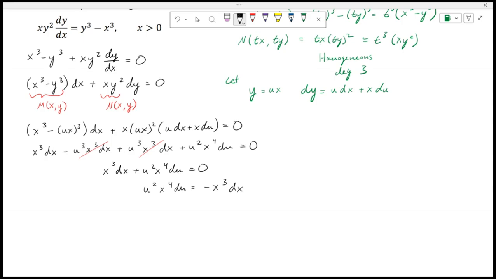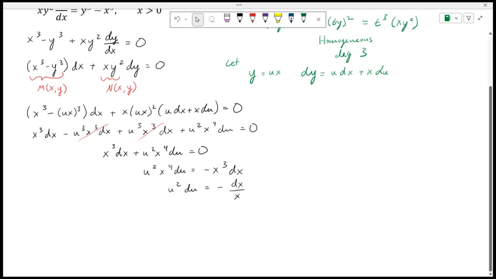So I end up with u squared du equals negative dx over x if I divide by x to the fourth. And now the variables have been separated, and I can go ahead and integrate both sides of this equation.